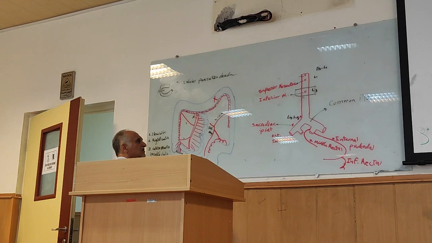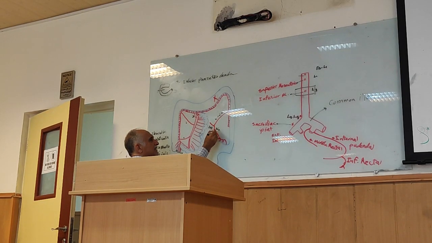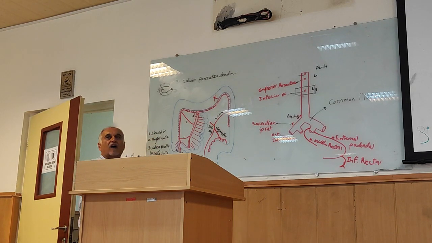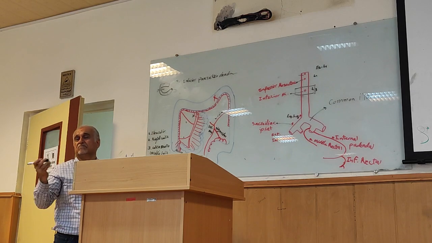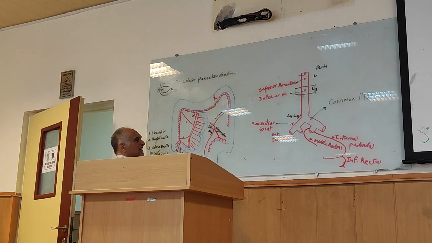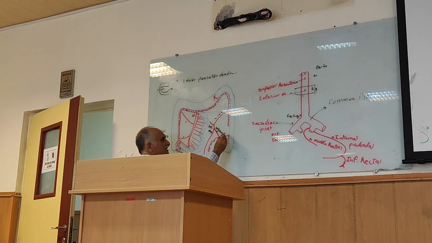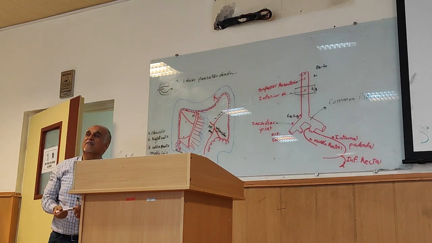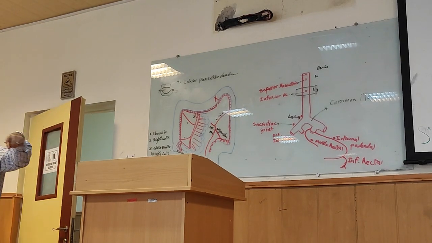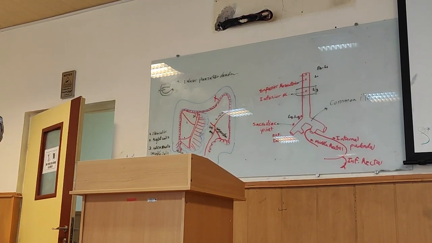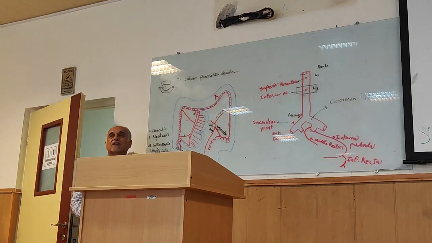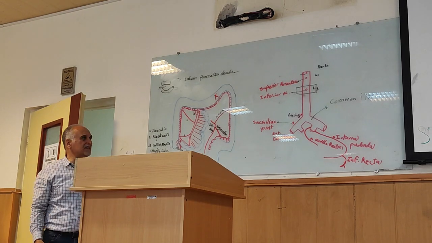So it's usual that we say sigmoidal arteries or sigmoidal branch. From this sigmoidal branch, a branch reaches to supply this part of the descending colon and anastomoses with the left colic. So left colic superiorly anastomoses with the left branch of the colica media and inferiorly anastomoses with the most upper part of the sigmoidal branch.